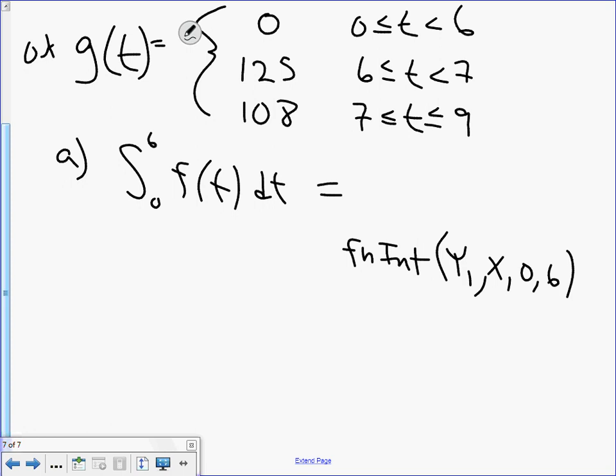But that's a nice, easy one, I think. 42 points. If you're not getting this, let me know. Your parentheses might be off or something like that, but it is in cubic feet.